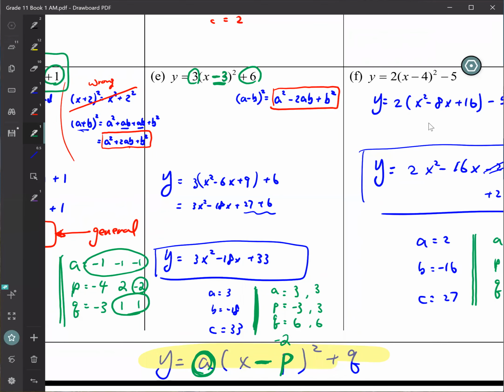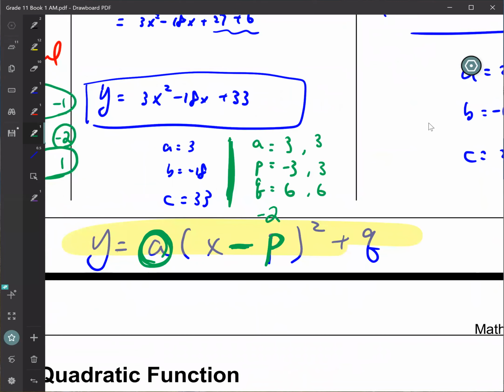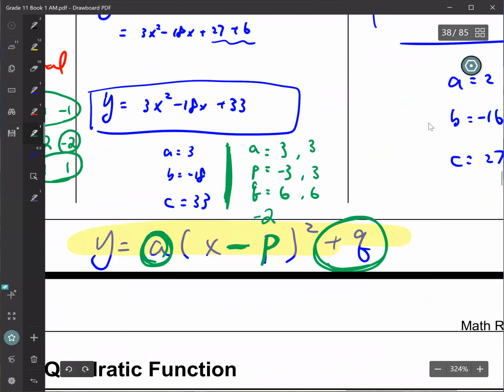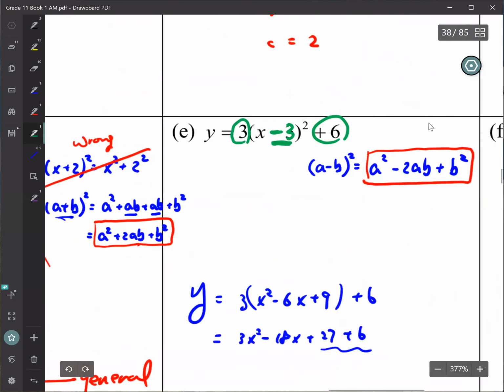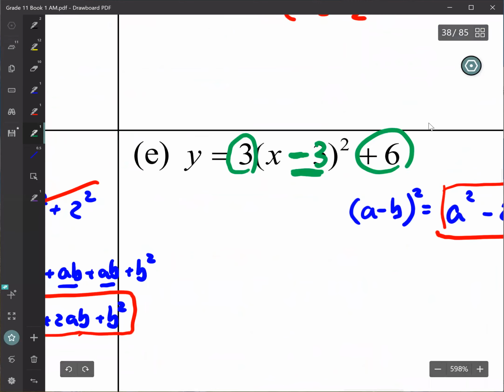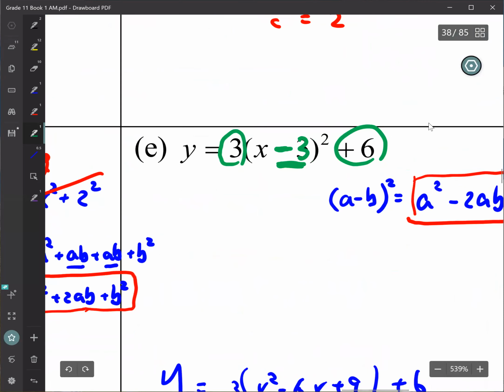Okay, and now look at the form. After the bracket, you see a Q, right? Whatever is after the bracket, that's the Q. So what number do you see after the bracket? 6. So that is Q. Make sense? So what's the only number left then?